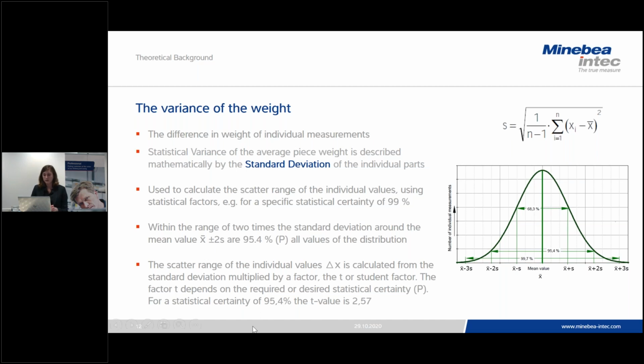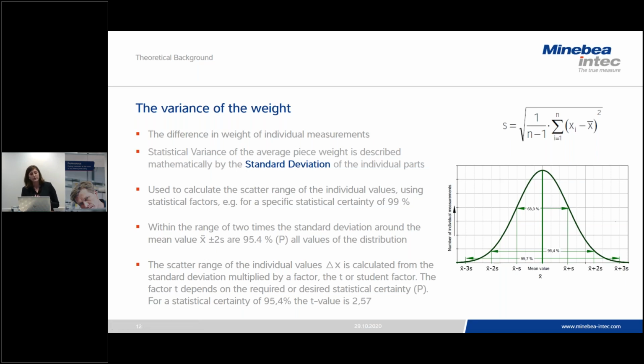Another example: when we want a statistical certainty of 99.7%, so that 99.7% of our measurements are within the scatter range of our mean value, we have to take the mean value minus 3 times the standard deviation and the mean value plus 3 times the standard deviation.